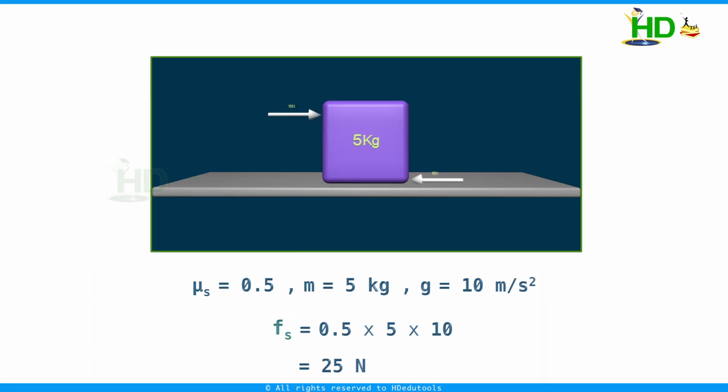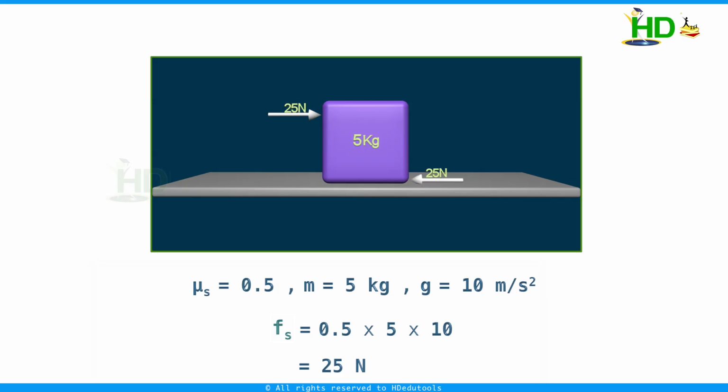Similarly, when you apply 15 Newton, the net force acting on the body is 0. Applied force is 15 Newton, frictional force is 15 Newton. When you apply 20 Newton, the net force is 0; 20 Newton is the force which opposes the applied force. When you apply 25 Newton, the frictional force is 25 Newton.